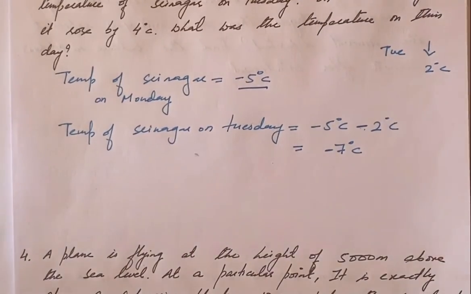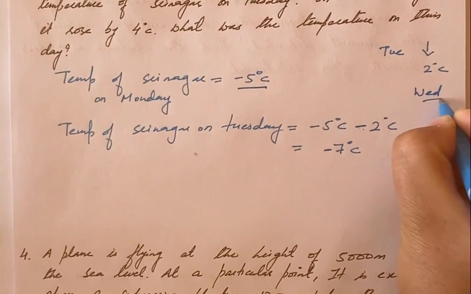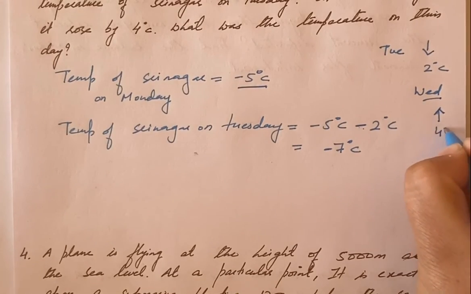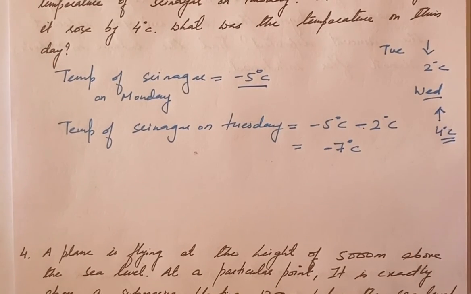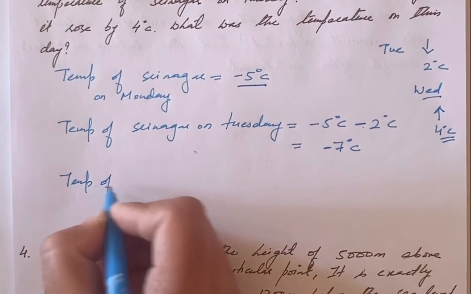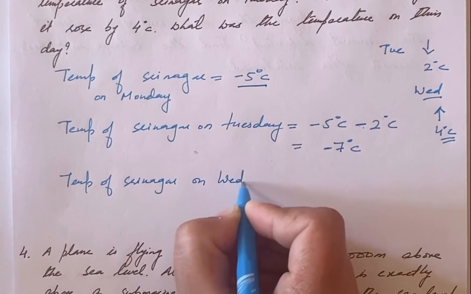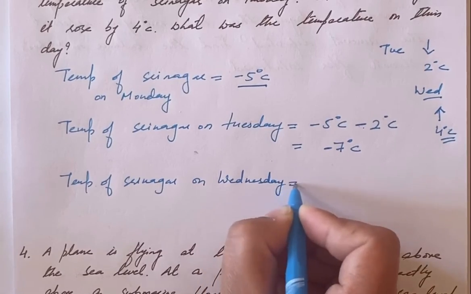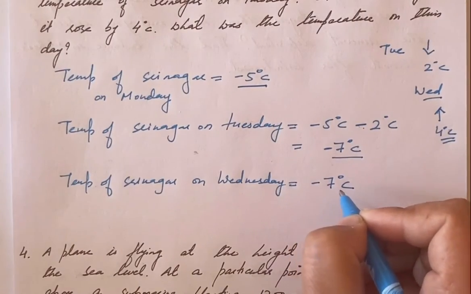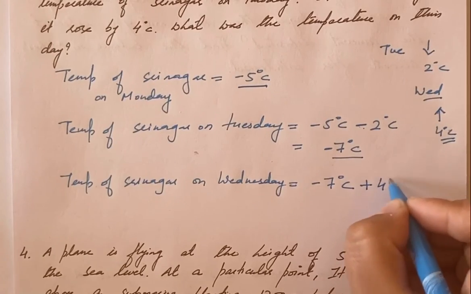Then the next question is on Wednesday. On Wednesday the temperature rose. Rose means increase, increase by 4 degrees Celsius. So we have to find the temperature on that day. The temperature of Srinagar on Wednesday will be, on Tuesday it is minus 7 degrees Celsius, and after Tuesday it rose, which means we have to add 4 degrees Celsius.